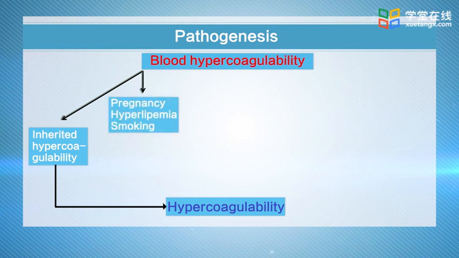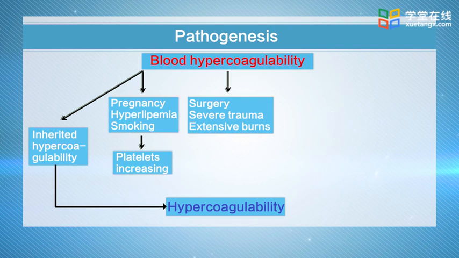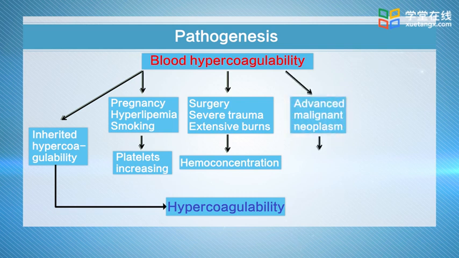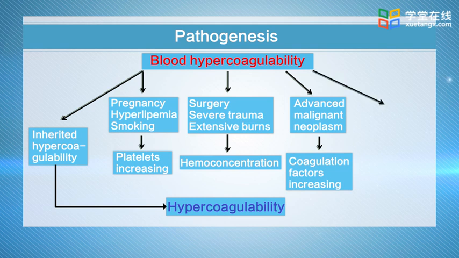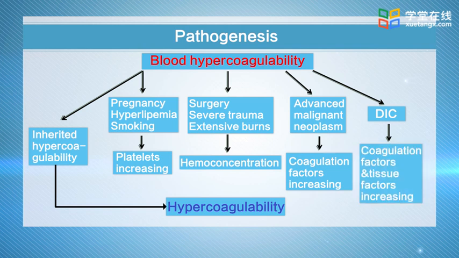Pregnancy, hyperlipidemia, and smoking can increase platelet concentration. Surgery, severe trauma, and extensive burns can lead to hemoconcentration. Advanced malignant neoplasm can release coagulation factors. Patients with DIC have more coagulation factors and tissue factors. All these will create hypercoagulable states.